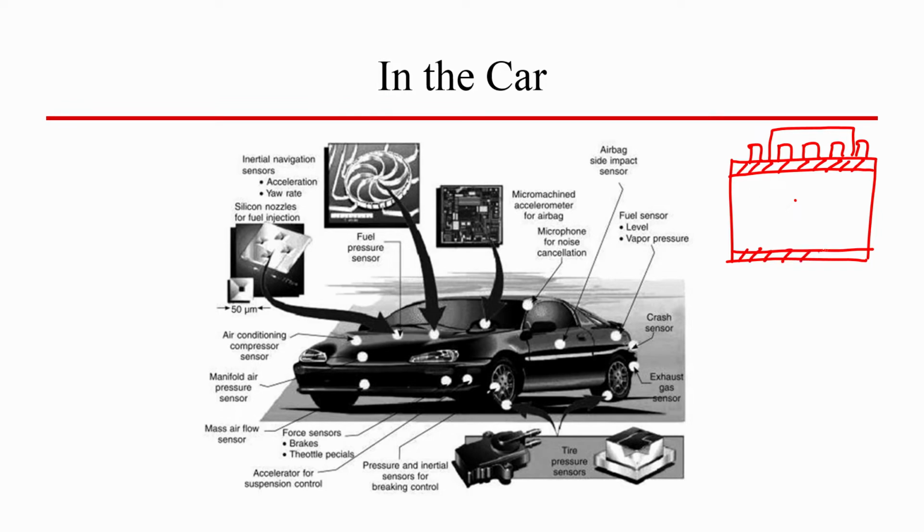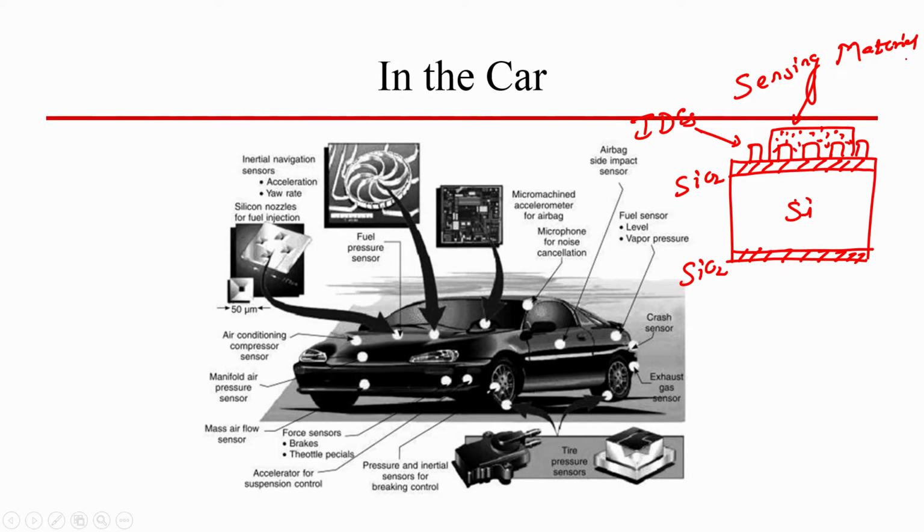You have silicon wafer, SiO2, and interdigitated electrodes. This is your sensing material. So, you have interdigitated electrodes, silicon dioxide, silicon wafer, and sensing material.